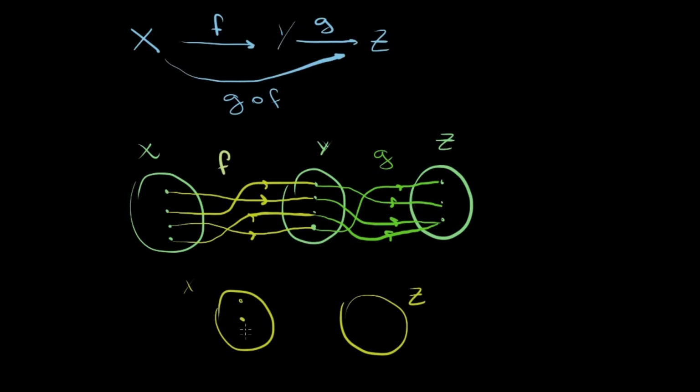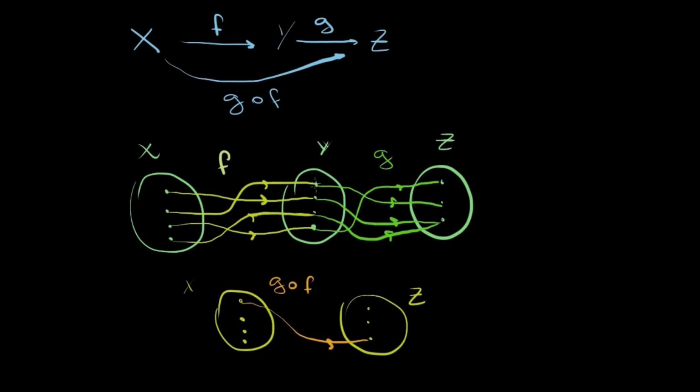I'm going to draw the 4 elements in X and the 3 elements in Z. And I'm going to say how g composed with f works in here. So f takes the first element and gives you the second one here, and g takes this element and gives you the last one. So g composed with f would take the first one and do all this path to the last one. So it takes the first element and gives you the last one.